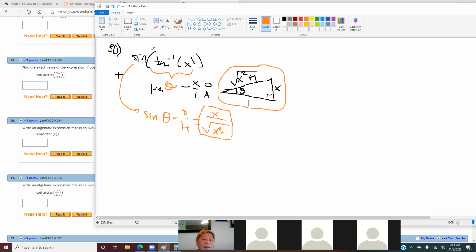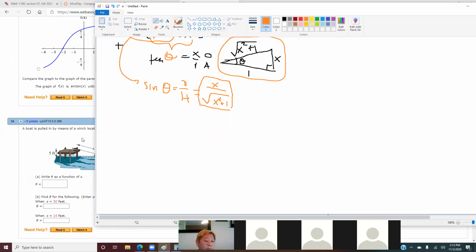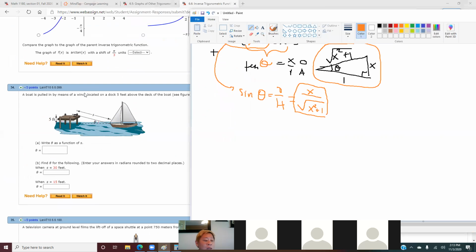And this is only done when these two are different. If they are the same, you can cancel. So if this is sine and this is sine inverse, you can cancel it, and your answer is just x. But if they are different, you have to do it this way. Questions so far? Don't concentrate too much on the graph. I'm not going to give you the graphing piece.